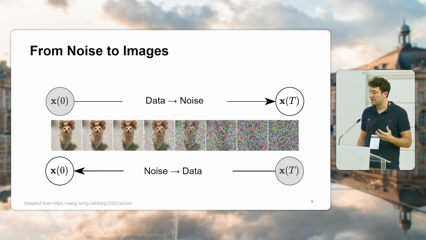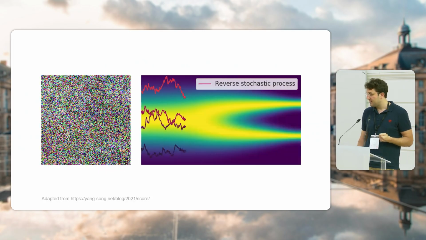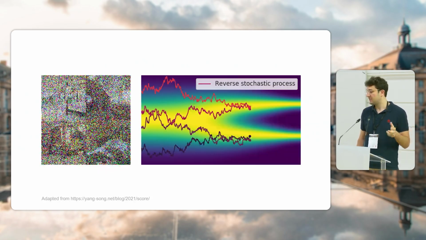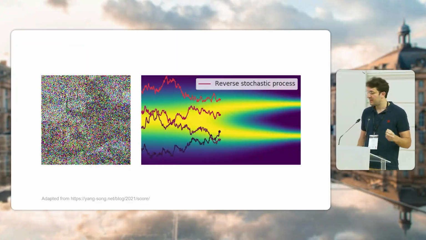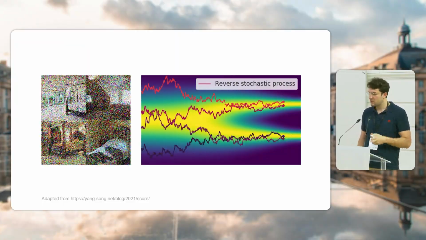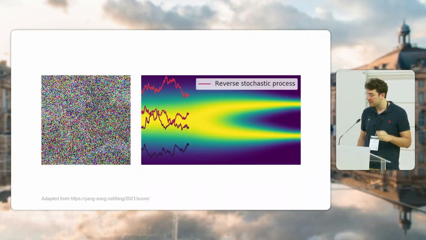On the other hand, you have a learned neural network that learns to gradually remove the noise. So at the end of training, you can start from a pure noise image like the one on the right, and gradually remove the noise until getting a clean image. And this is the diffusion process in action. Again, you can see how we start from complete random noise, and as the iterative process goes, we end up with a clean image in the end.